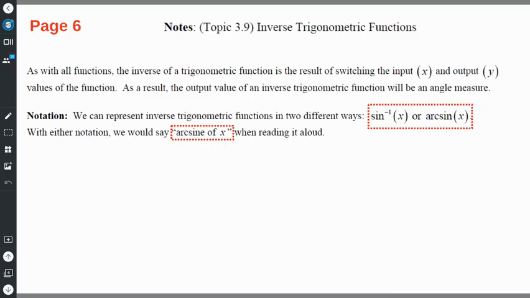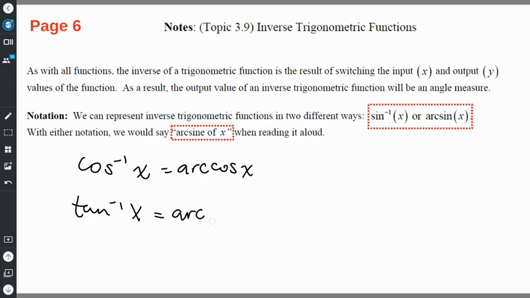The same thing for cosine is arc cosine, or the inverse of tangent. They mean the exact same thing. So regardless of what you put down in your calculator, it's going to read as the exact same thing.